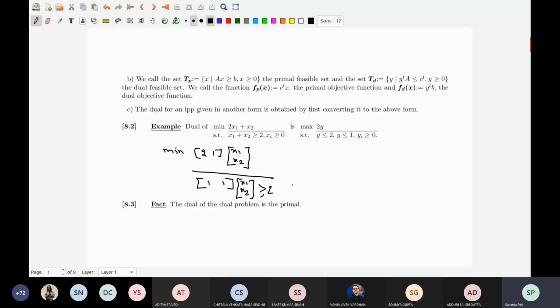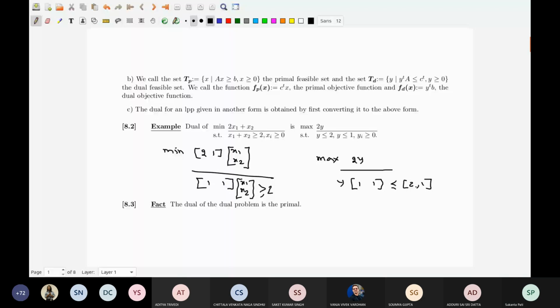Xi greater than equal to 0, I am not writing. The dual will be maximize b transpose y. So b transpose is 2 and y, so that is 2y only, subject to y transpose A, that is y times A, less than equal to c transpose, which is (2 1). So that basically means y is less than equal to 2, y is less than equal to 1, y greater than equal to 0. That's the dual.